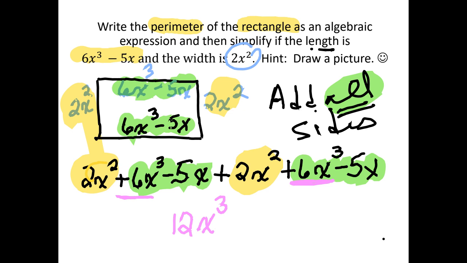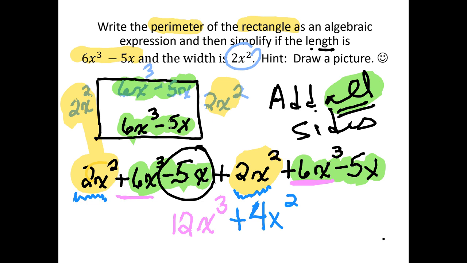I'm adding the coefficients. 2x squared plus 2x squared is a positive 4x squared. And then I have a negative 5x and a negative 5x, which is negative 10x. Perimeter combines terms. It does not deal with exponents.